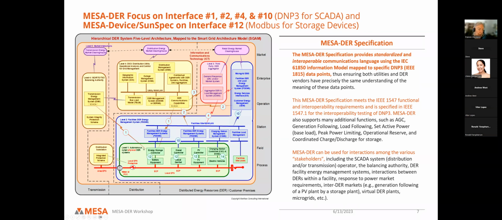We can talk about that with a link maybe even to the TSO transmission company or the distribution company. But we're also recognizing that there are facilities. So the blue area is the facilities, and the facilities where the DERs are all located, and there can be storage, diesel generators, PV systems, electric vehicles as well.